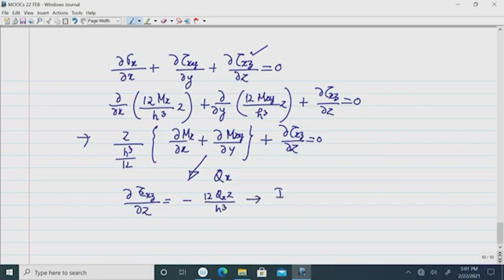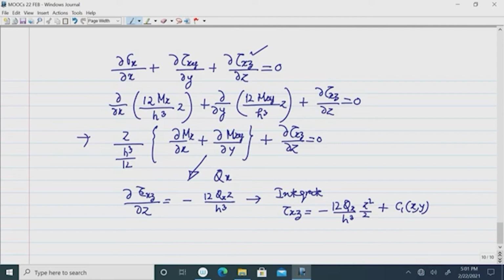Integrate this equation and we will be able to obtain tau xz. After integrating, tau xz is minus 12 q x by h cube into z square by 2 plus a constant C 1. The constant is a function of x and y, because we are integrating with respect to z.